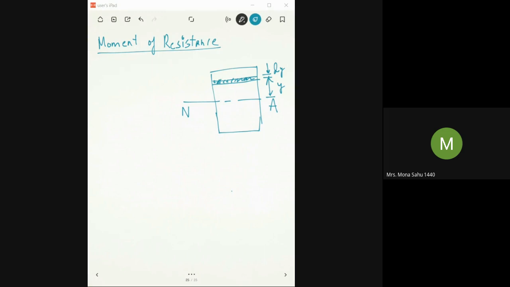So we know already sigma is equal to E by R multiplied by Y, correct?